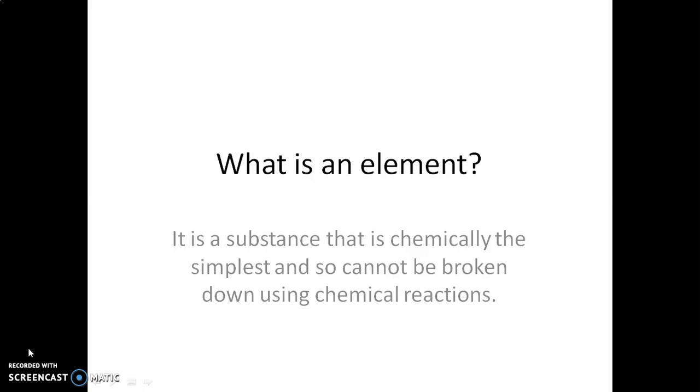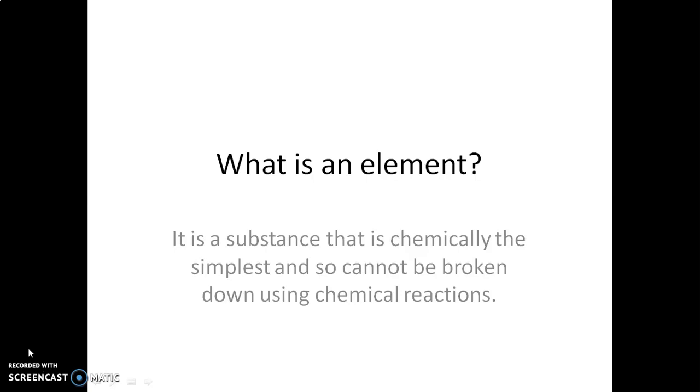So, just to give you a brief example, an element, as per the definition, is a substance that is chemically the simplest. When I say simplest, you can understand it's the superlative form. Simple, simpler, it is the simplest. And because it's the simplest, you cannot break it down using any kind of chemical reaction.